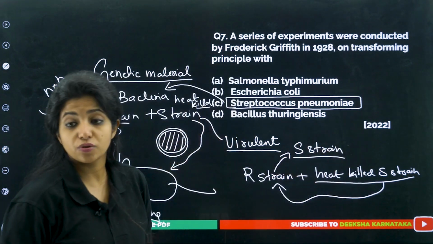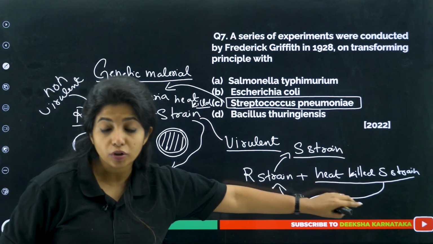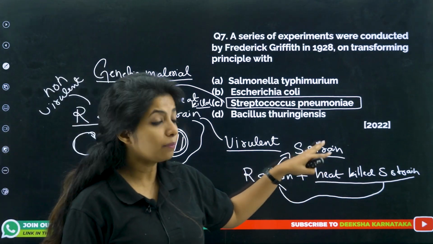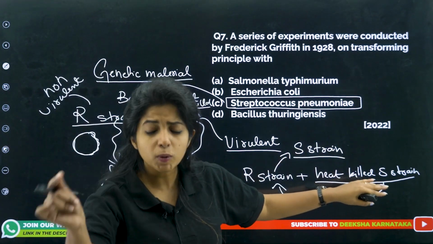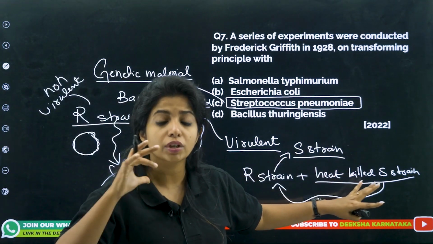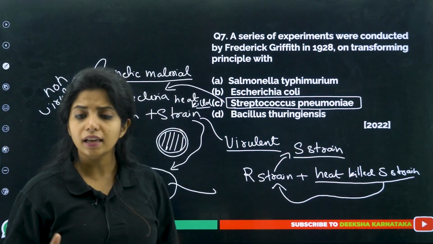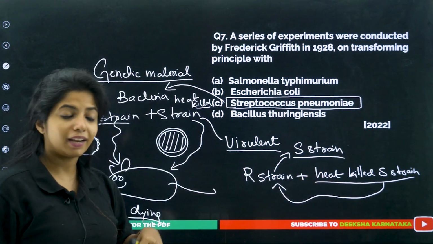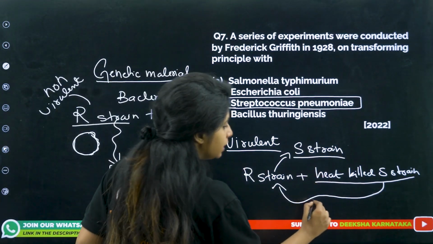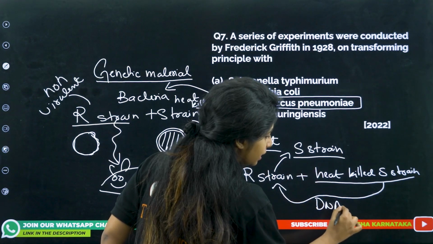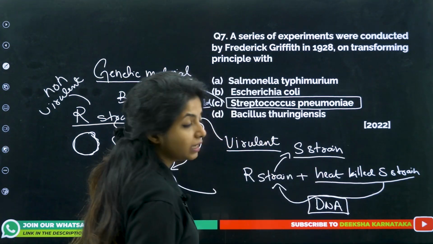And they were on a quest to find what was this thing that was being passed on. Even after passing them through heat, what was that thing that was able to survive and be stable during the whole process? Later it was known that basically it was DNA, because DNA is a stable structure.